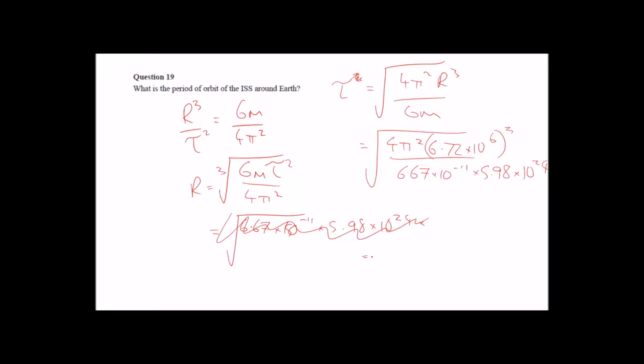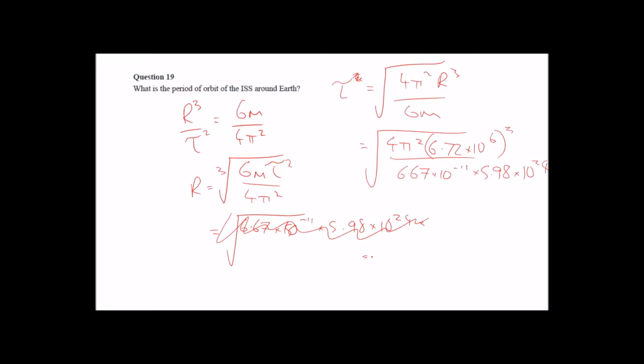So the square root of 4 times pi squared times 6.72 times 10 to the 6 cubed divided by 6.67 times 10 to the negative 11, the mass of the Earth, which is 5.98 times 10 to the 24.